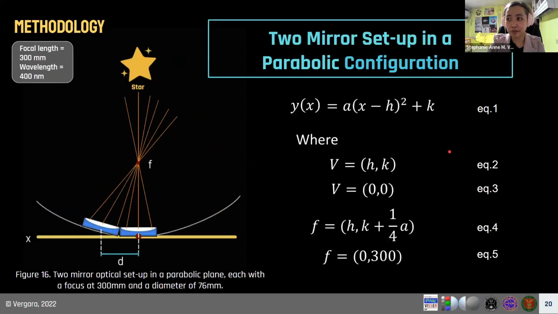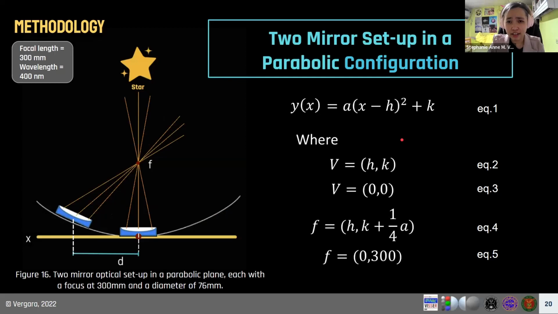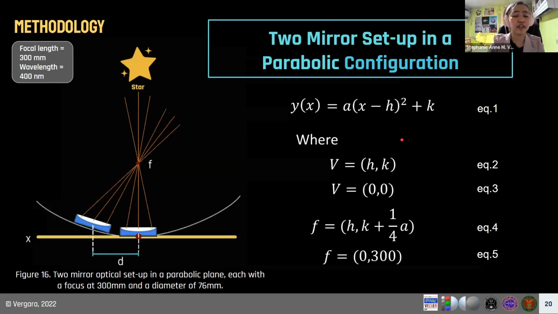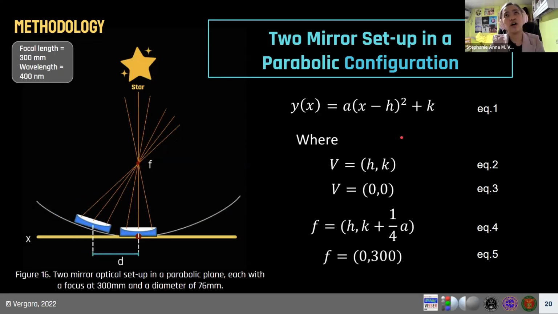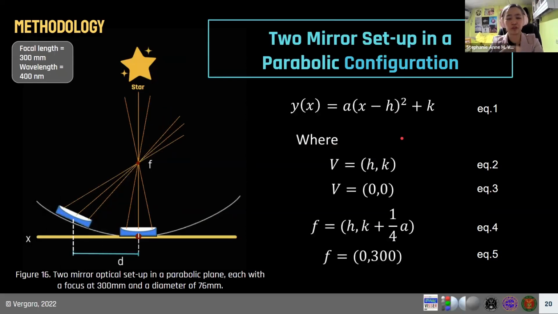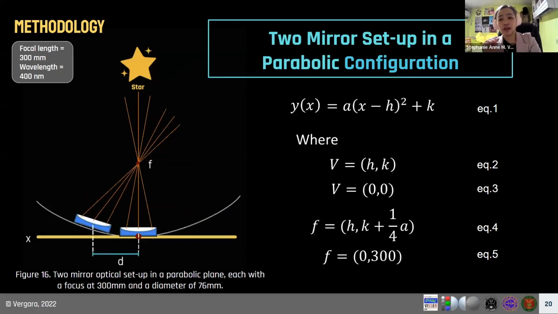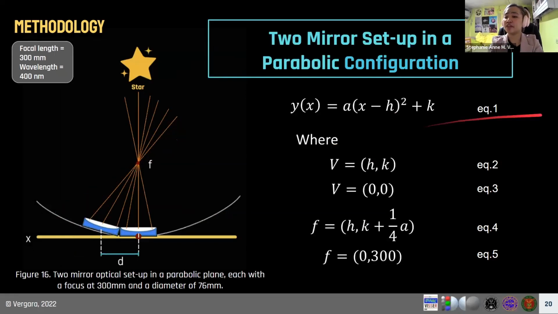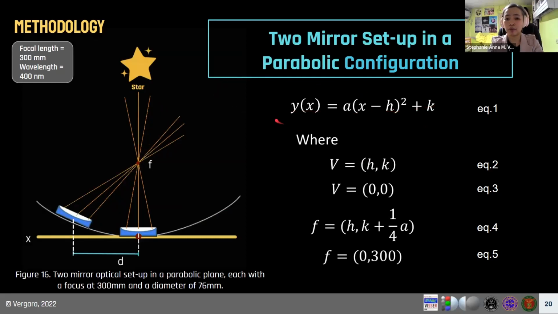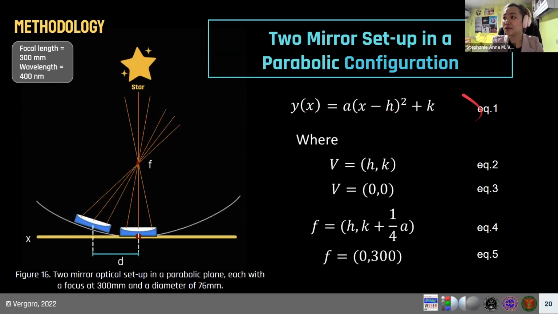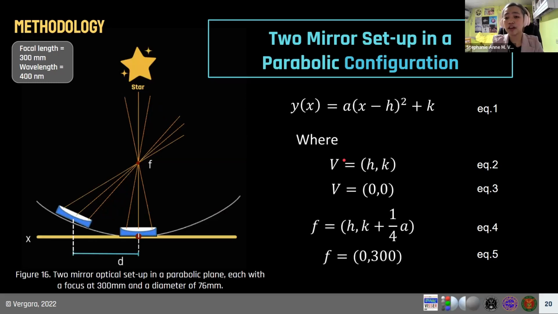For the third setup, it involves a derivation of the parabolic equation. The assumption here is that the mirrors lying in a parabolic configuration would focus at the same point. The equation used is derived from the general equation of a parabola given in equation 1, with the vertex set at the origin and the focus derived from the focal length of the mirror used.